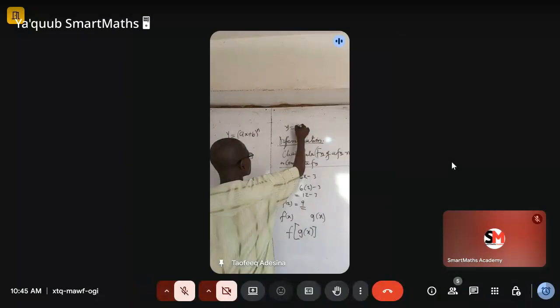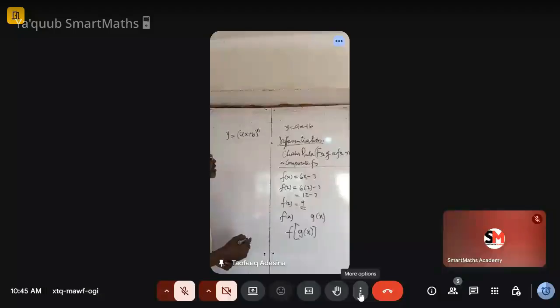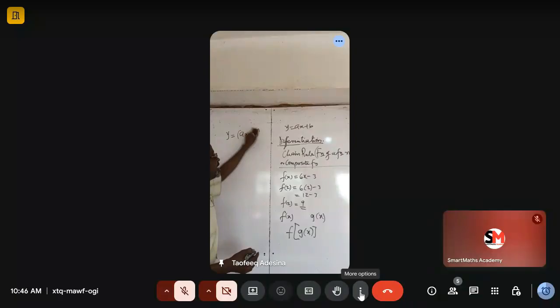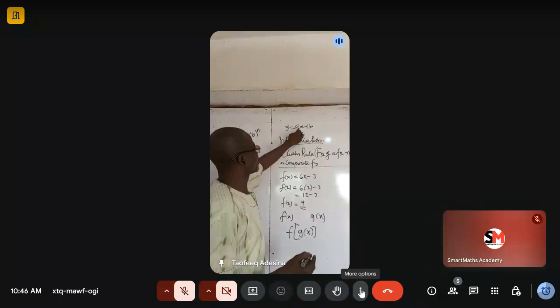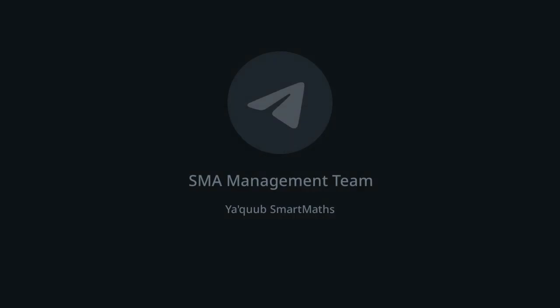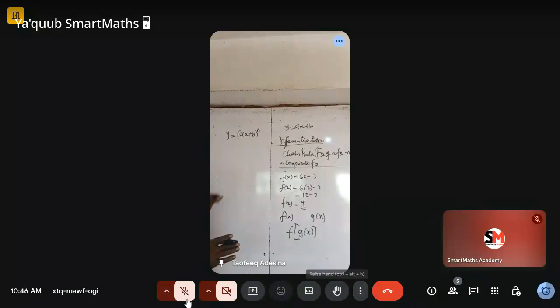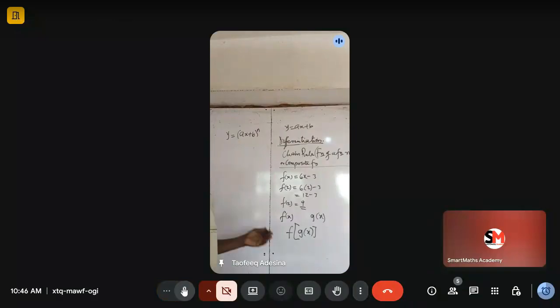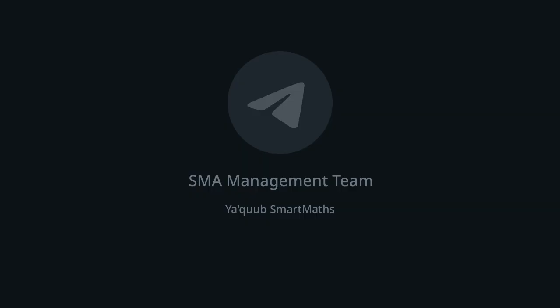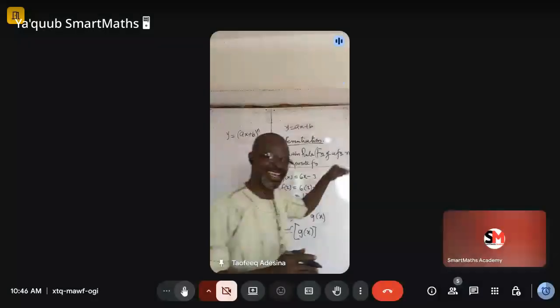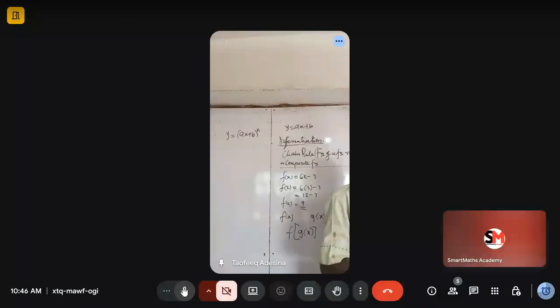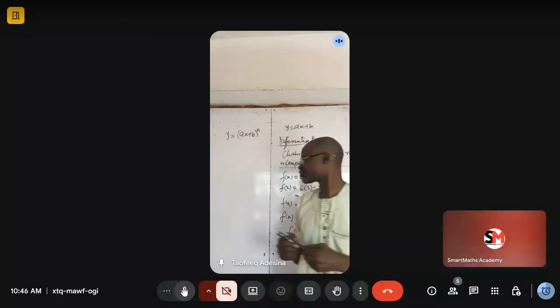Here, ax plus b is a function inside an exponent, and y equals this is also a function. So we are putting a function inside a function. Am I with you? Yes, sir. Good.